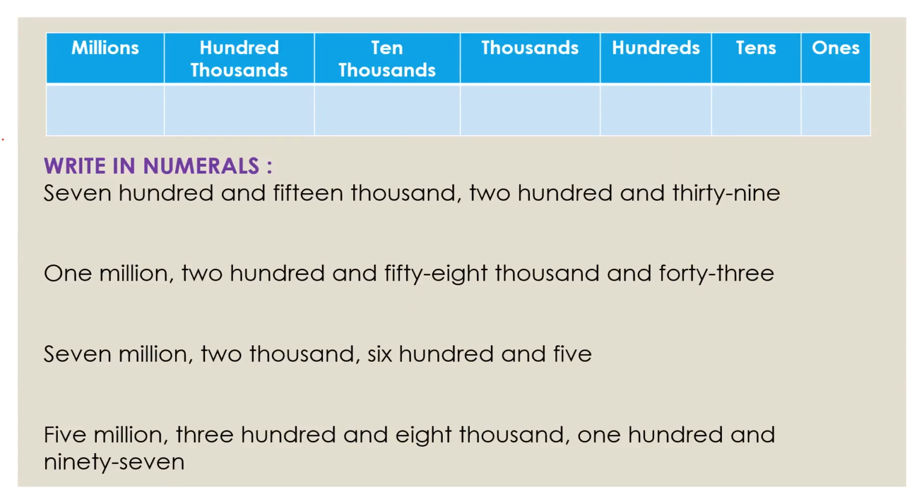How to write in numerals? So as you can see here, the first question is 715,239. So you must identify the digits. So for example here, 7, 15,000. So 7 is in the hundred thousands place. 15.